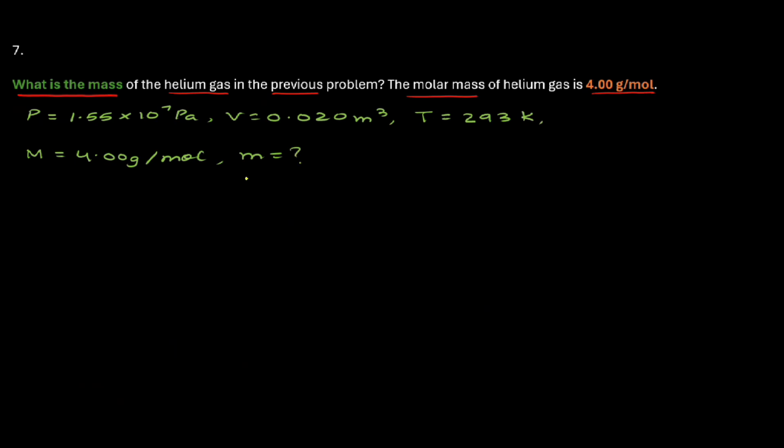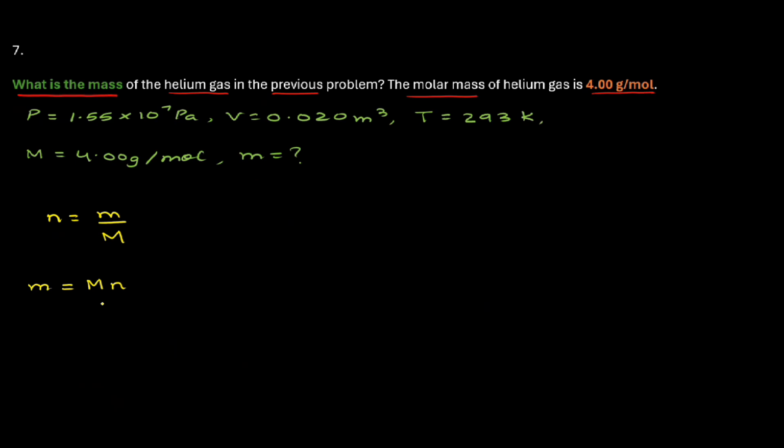There is a relationship between the molar mass, the mass of the gas, and the number of moles n, which is given as n equals small m over the molar mass, where n is the number of moles, small m is the mass of the gas, and capital M is its molar mass. So I can calculate the mass of the gas by multiplying molar mass with the number of moles.